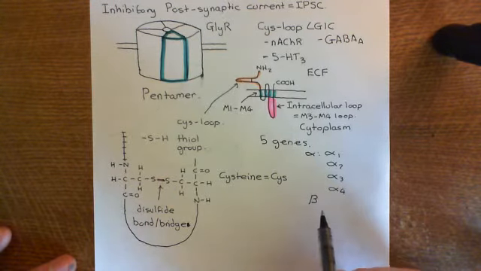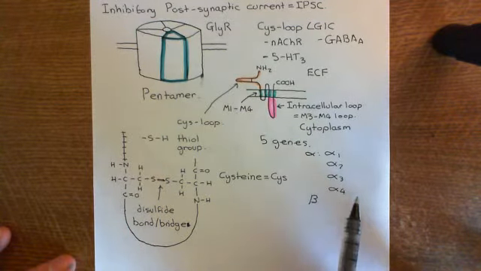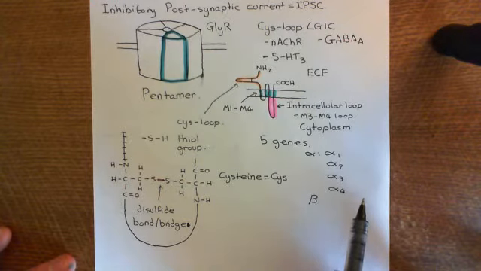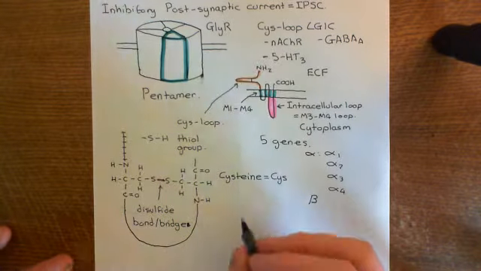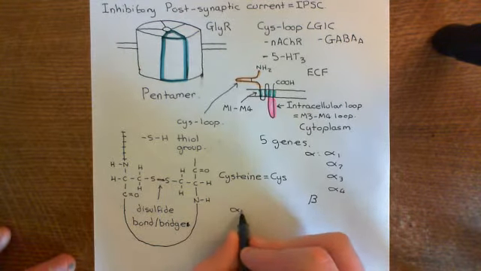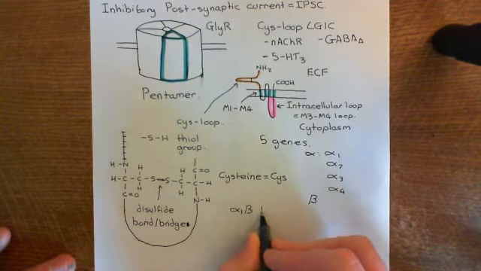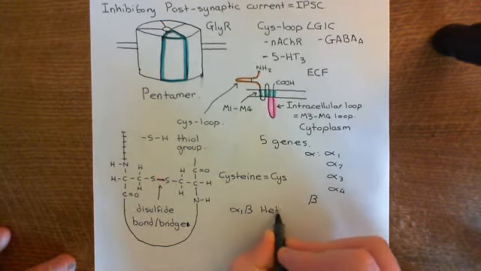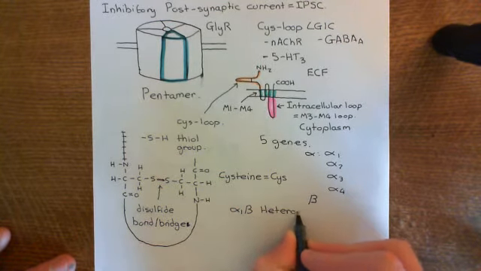Well, the reality is that there is actually only one glycine receptor that we need to know about, because it's the one that's important postsynaptically. It's the main one that's important in the body. And this is what's known as the alpha 1 beta heteropentamer. Hetero means different.